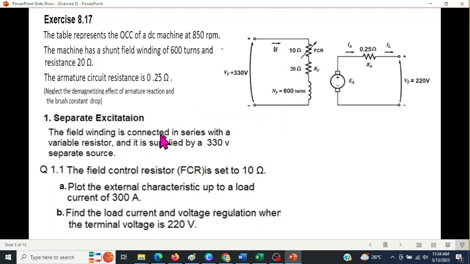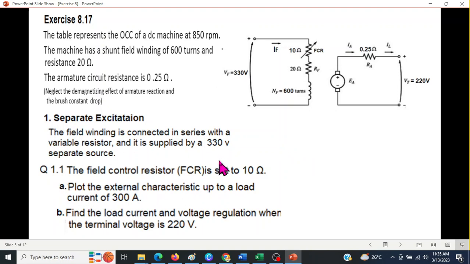Like the field winding is connected in series with a variable resistor and is supplied by a 330 volt separate source. So this is the field winding. There is a fixed resistor and there is a variable resistor. Now this variable resistor is called the field control resistor, or simply FCR. And in this case, the input voltage is 330 volt.